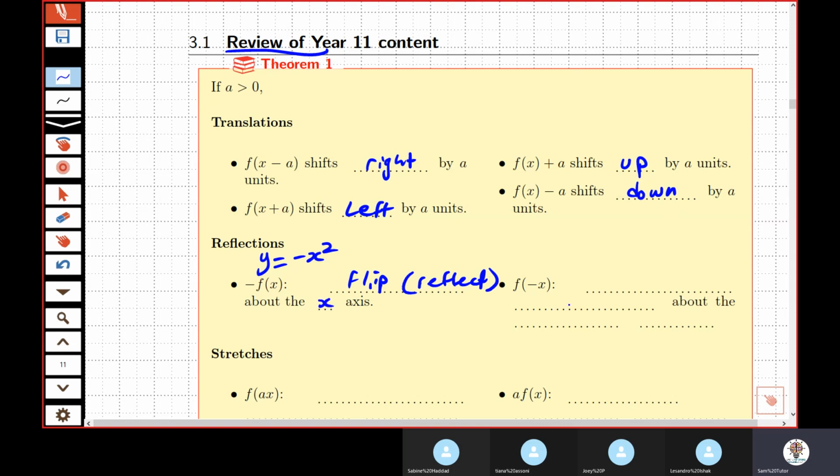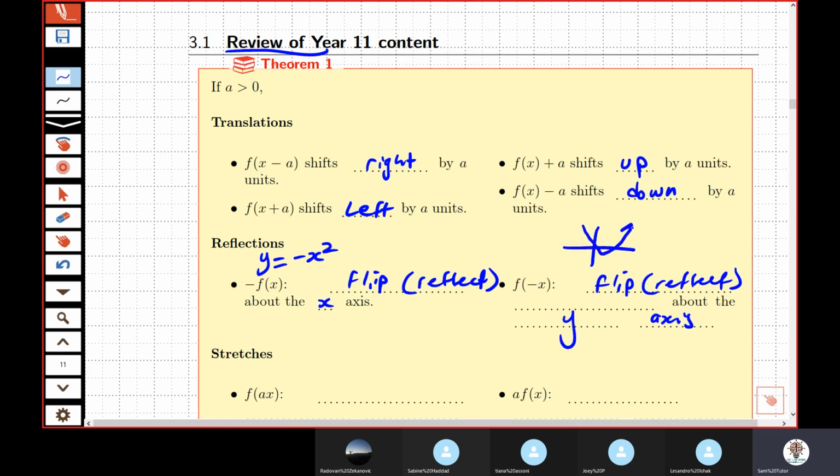If it was negative x, it's actually a flip or a reflect, however words you want to use, about the y-axis. That means if you had something like this, and if I did negative of x, not negative of f of x, negative of x, it will look like this. So this would be f of negative x, this would have been the original.